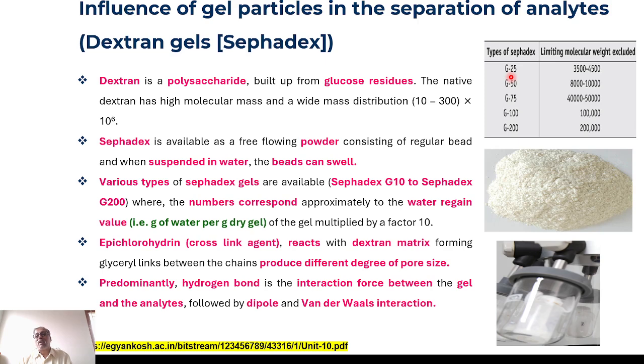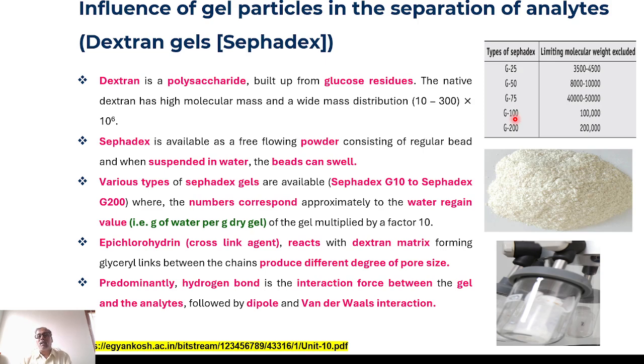So 25 divided by 10 is 2.5. Suppose you take G200, you divide by 10, you will get 20. That means 1 gram of Sephadex can hold 20 grams of water. In the case of G100, 100 divided by 10, you will get 10.